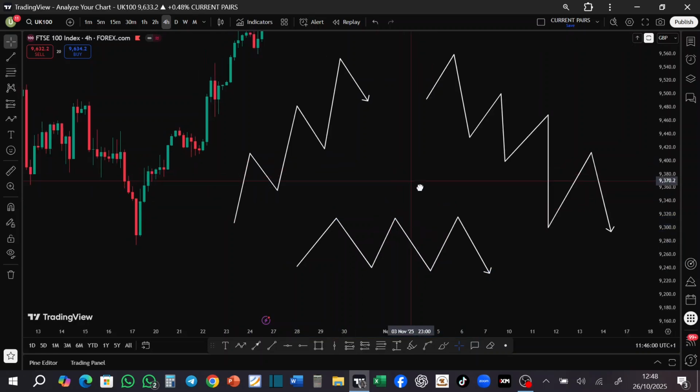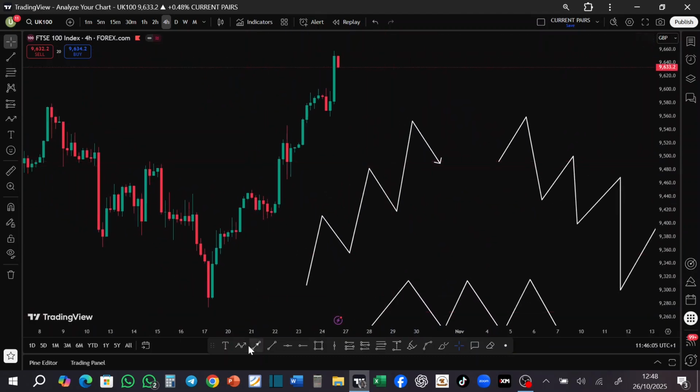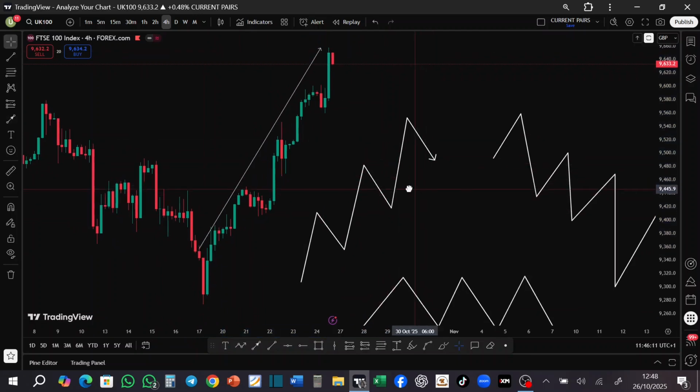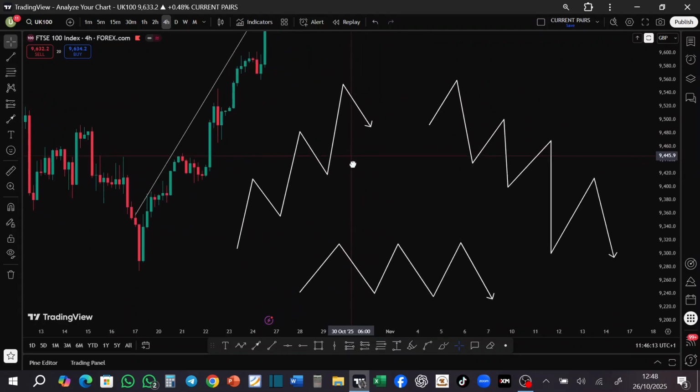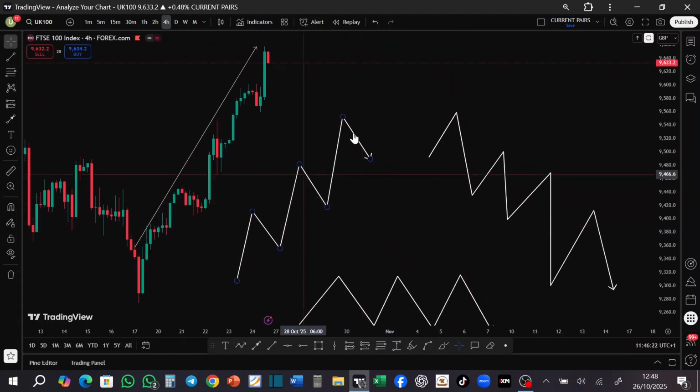So for instance, if I were to ask you, on this price movement that we have right now, which model of market structure is being represented here, between the first one, the second one and the third one? So you tell me that it is the first model of market structure.